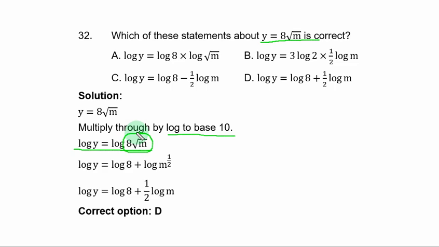So if the log goes through, you have log y equal to log 8 plus log root n, and root implies power of 1 over 2. Because the base is 10, by power law of logarithm, 1 over 2 is used to multiply the log in this form. By this, D is the correct option.